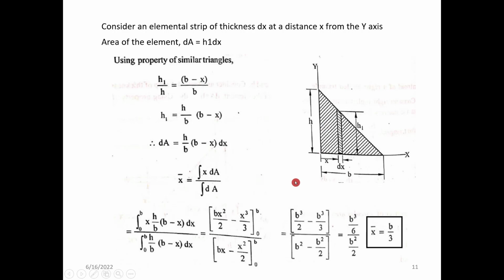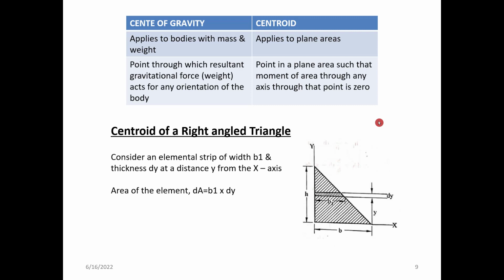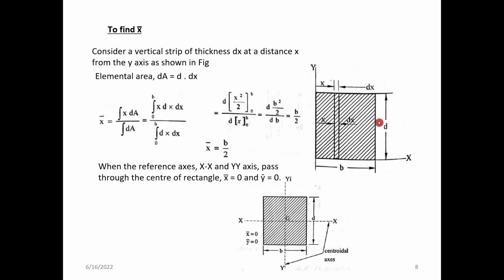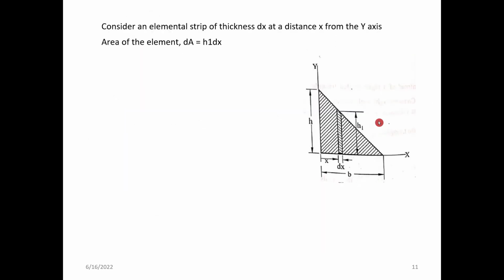This value is constant, so you can directly use this formula for finding the centroid of a right angle triangle, and for a rectangle you can directly use d by 2 and b by 2.